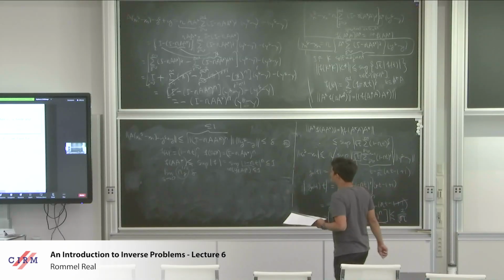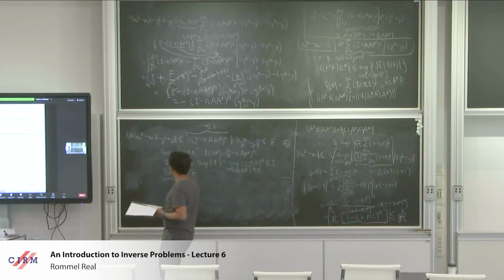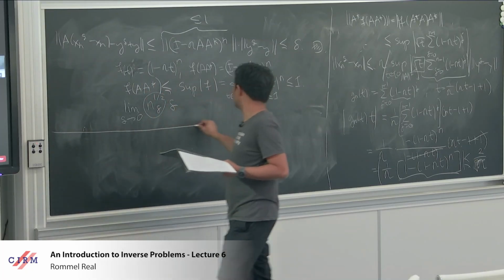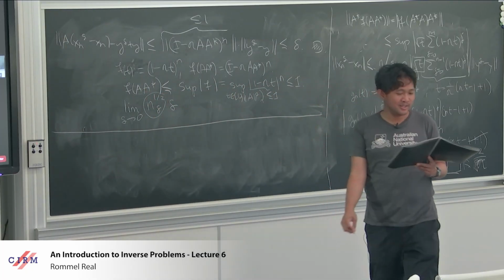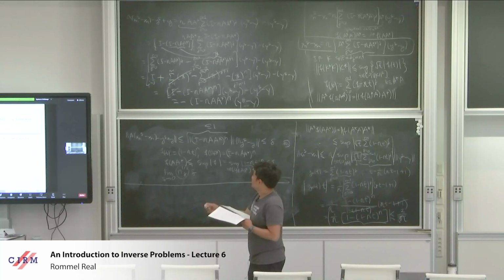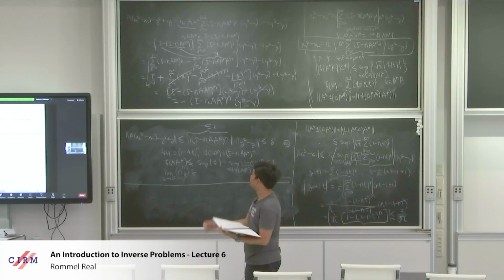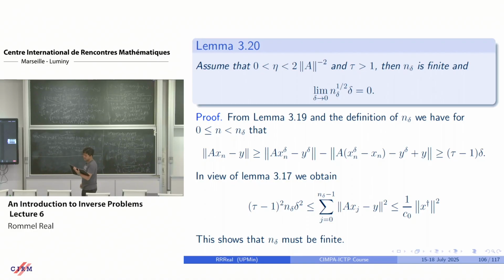So to prove that one, let's first show that n sub delta is finite, and the proof requires the previous results. Okay, so again we use the same decomposition as what we have on the residual.